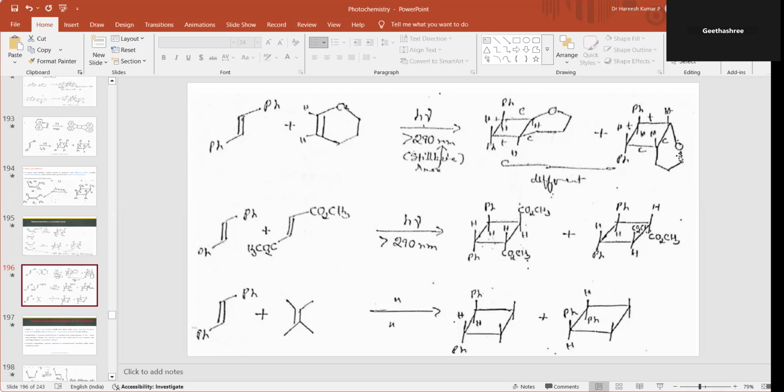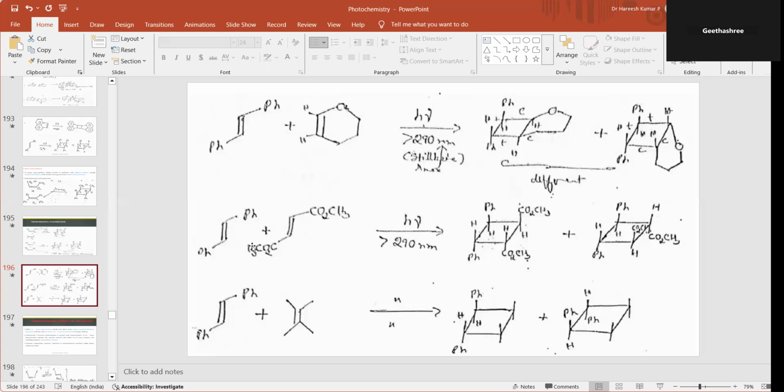This is the endo product, and this will be the exo product. And this reaction is irradiated at 290 nanometers. Okay. And 290 nanometers is the lambda max of stilbene.